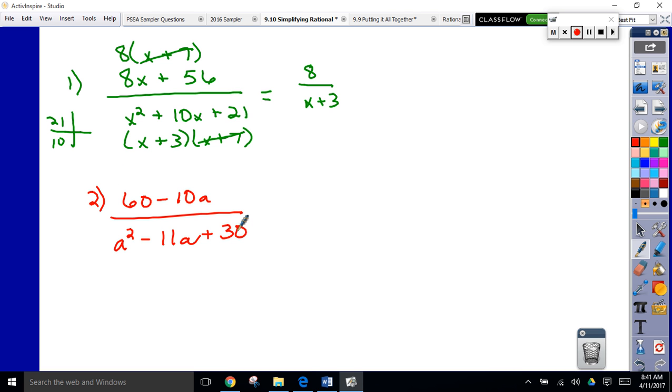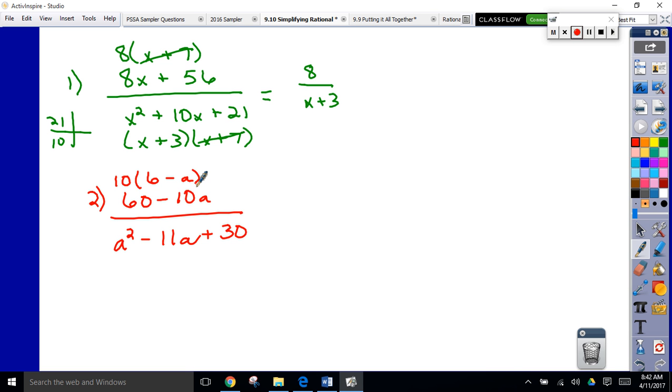Okay, if we take out 10, what do we have left? Now, we have a negative a there. We'll go ahead and leave that for now, but that's probably going to be a problem. We're probably going to want to do what we did with the other one and take out the negative 1. But let's move to the bottom and see if we need to do anything further with that.